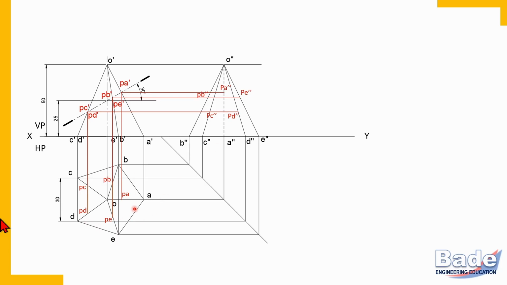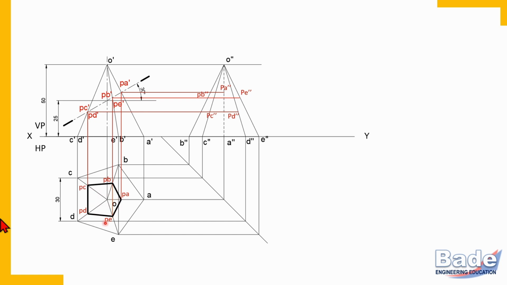So let's continue. Join all these corners, that is all these P points, to form a polygon. This is that section. It is a surface. It is a newly generated surface.